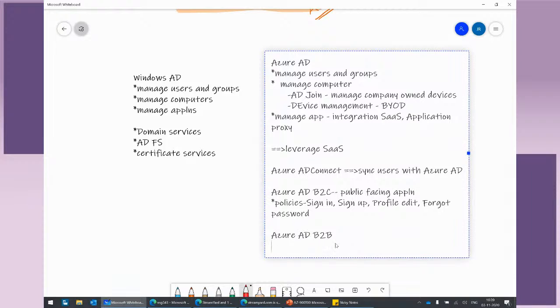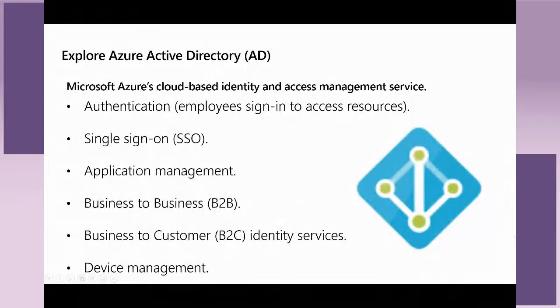All right. So we have a rich set of features offered by Azure AD. See, I have mentioned only a few here. We have a lot more also. So you can configure single sign-on easily through your authentication, and employee sign in to access these resources. This is a normal authentication. You can configure single sign on.